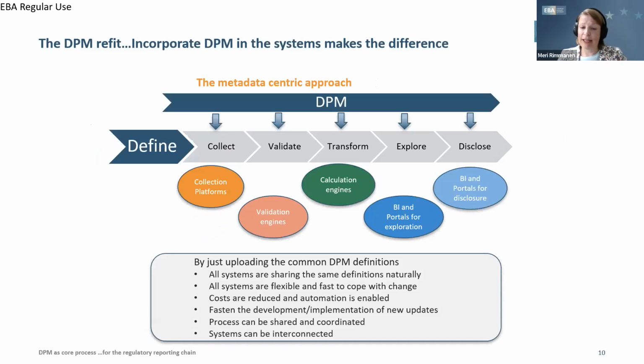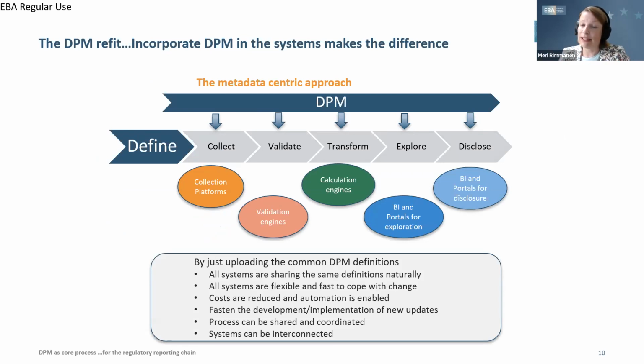So with the DPM Refit and with the DPM in general, we use it, and we hope that everyone else is also using it throughout the reporting process. So not only for understanding the definitions, but really building the processes on it.